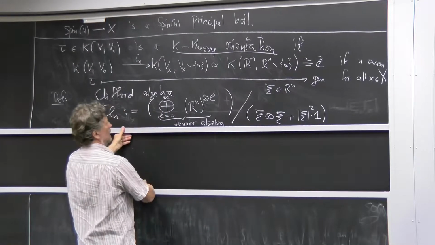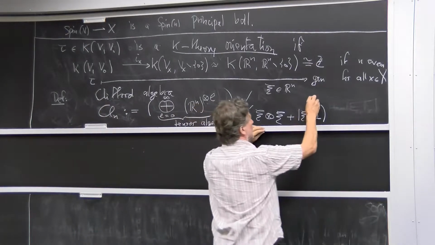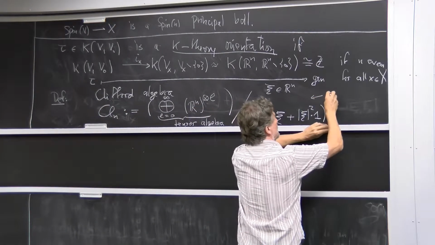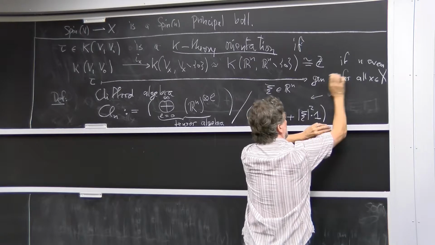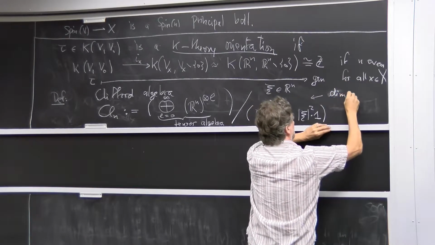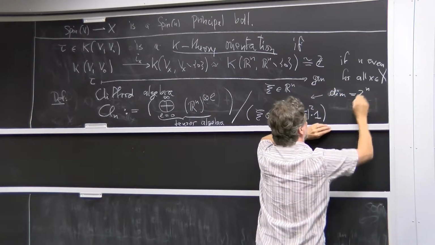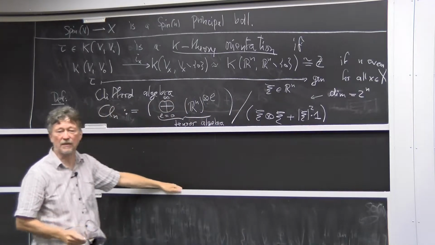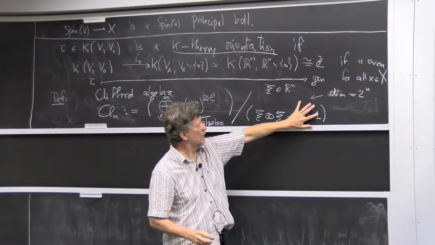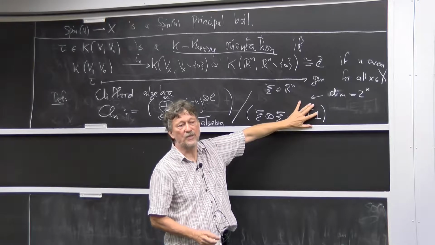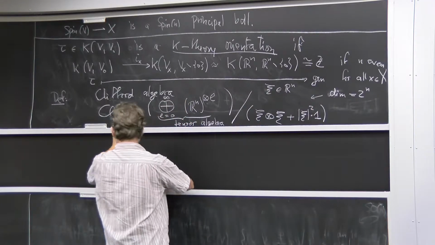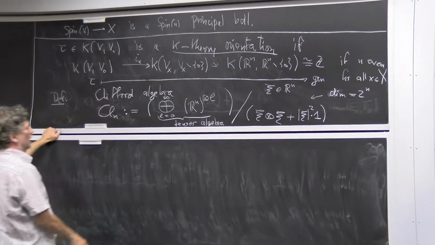Okay? So it's actually a finite dimensional algebra. It's an algebra of dimension 2 to the n. So it's the same dimension as the exterior algebra, which would be the thing that you get by modding out by all those guys. This is just sort of a deformation of the exterior algebra.